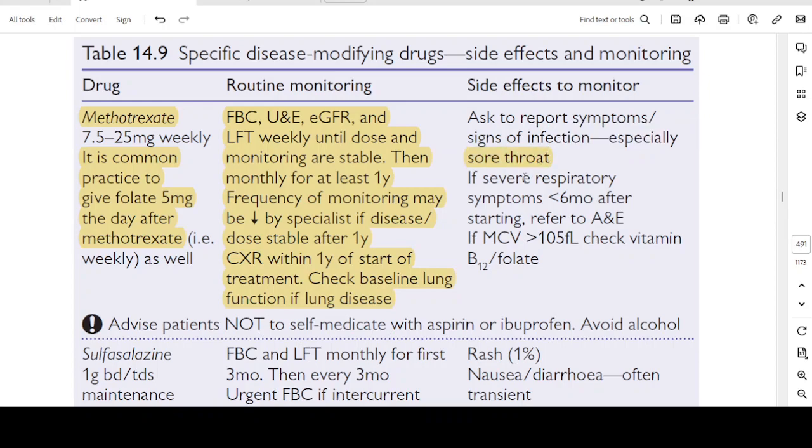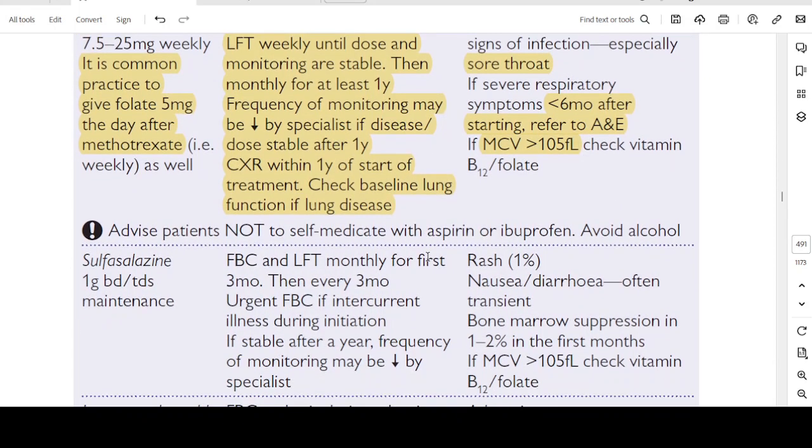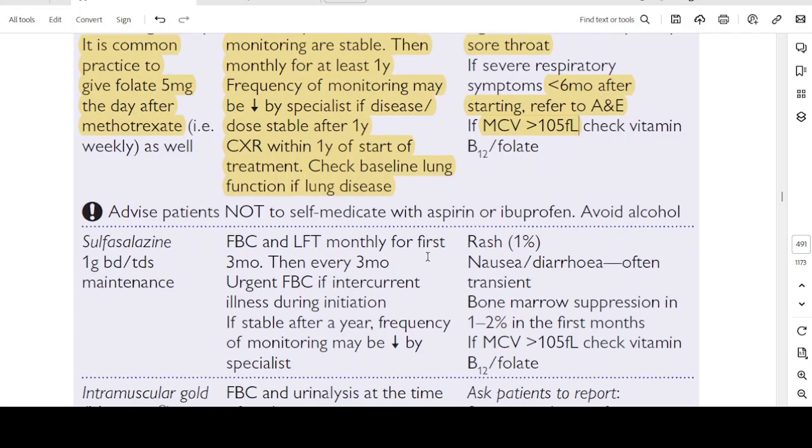If severe respiratory symptoms are present less than 6 months after starting, refer to accident and emergency. If MCV is more than 105, check vitamin B12 and folate levels. Advise patients not to self-medicate with aspirin or ibuprofen and to avoid alcohol when using methotrexate.